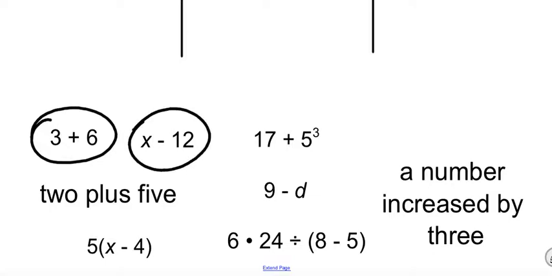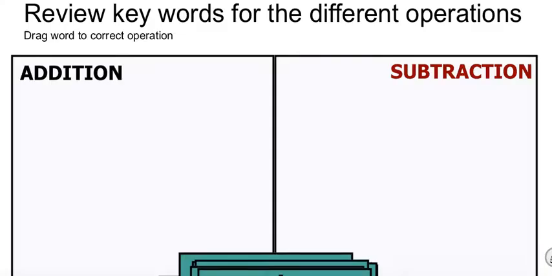That next problem of x minus 12 has a variable. The variable turns it into algebraic. Down here, all we have are words. When all you have are words and no symbols, no numbers, no variables, you have a verbal expression.